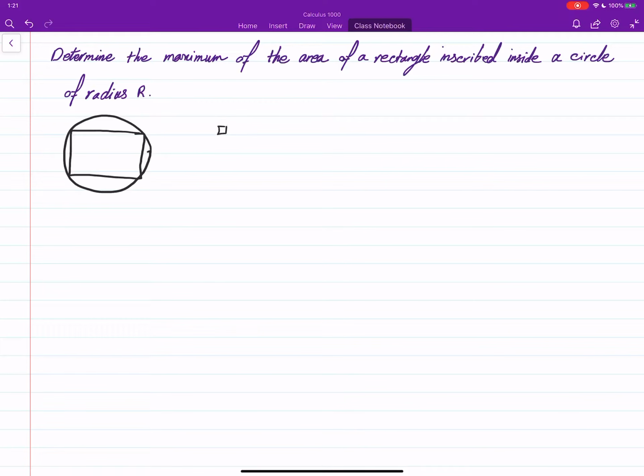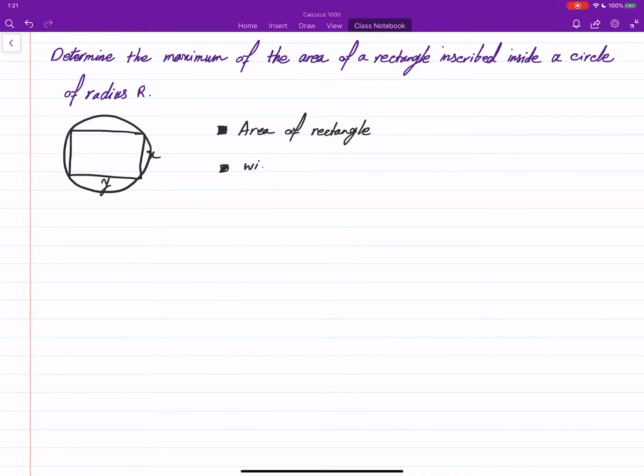The quantities we are dealing with here are, first, the area of the rectangle, and we know that it depends on the width and length of the rectangle.